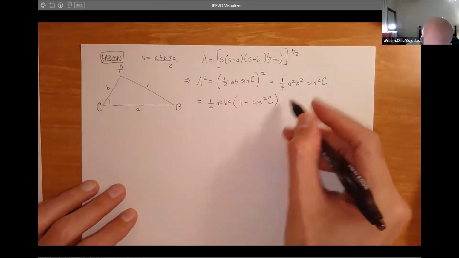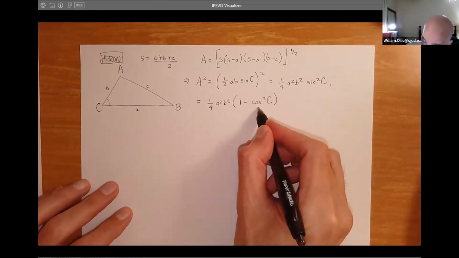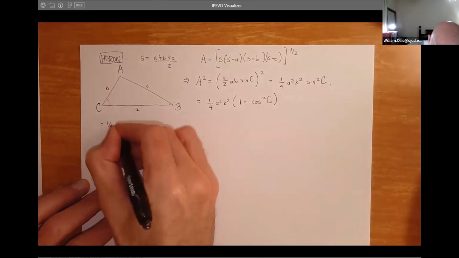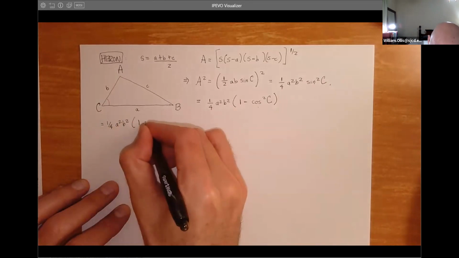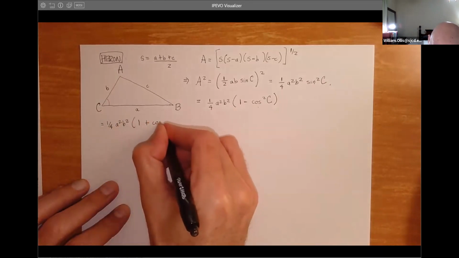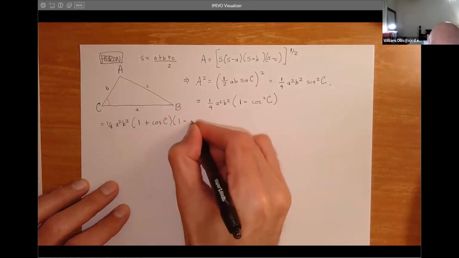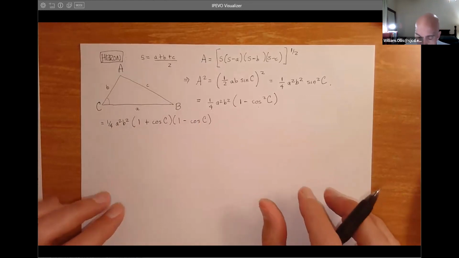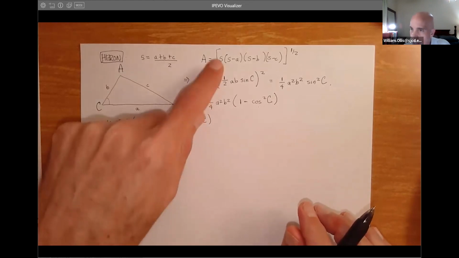So now first what we'll do is we're just going to rewrite this as a difference of 2 squares in factored form. So this will be 1/4 a squared b squared times 1 plus cosine C times 1 minus cosine C. Okay, now this is where we have to infuse the law of cosines and then do some algebra to get to this formula.